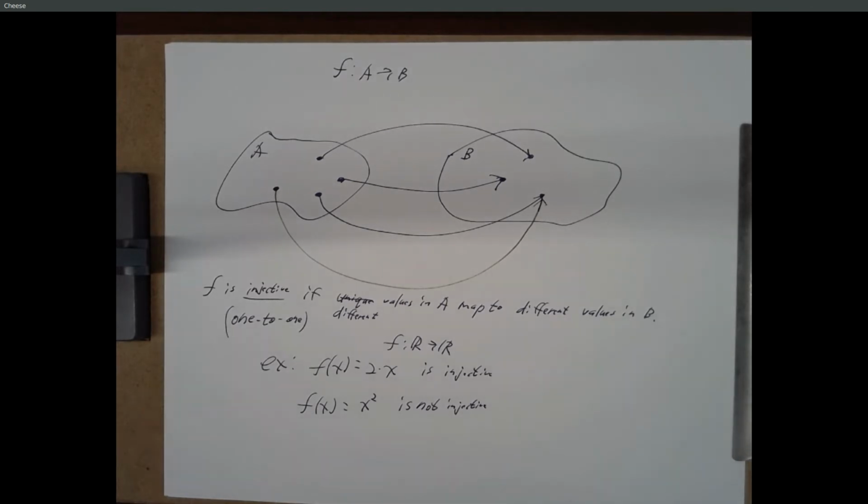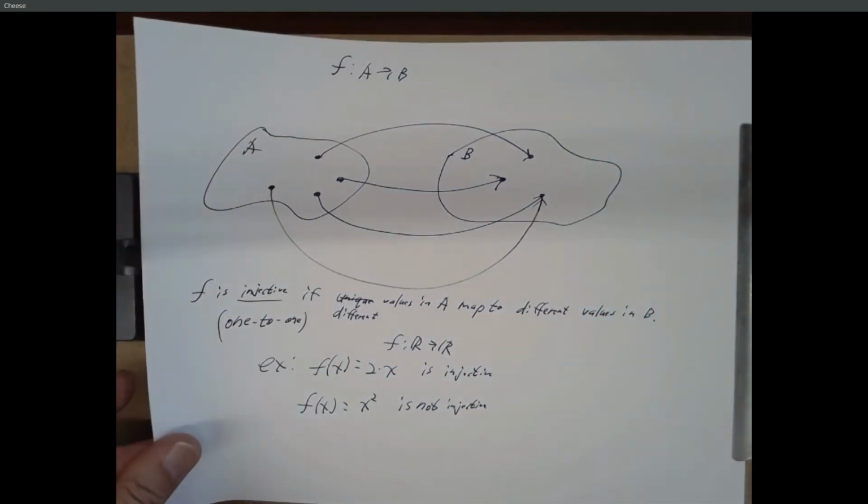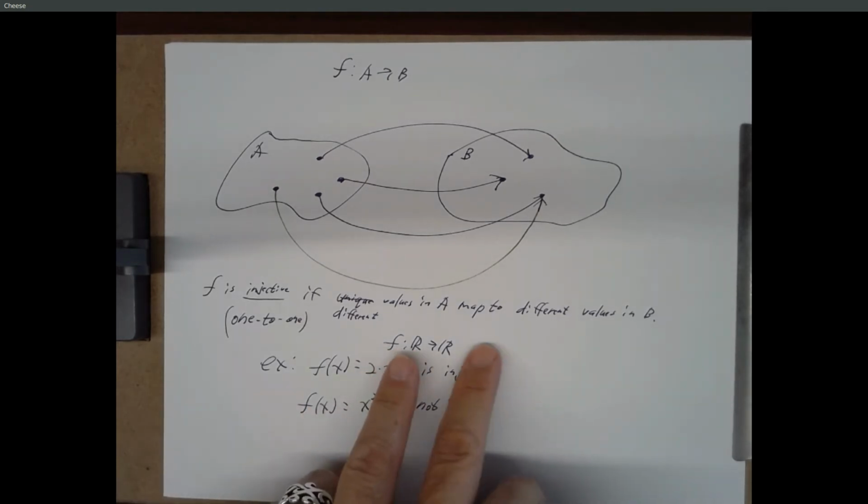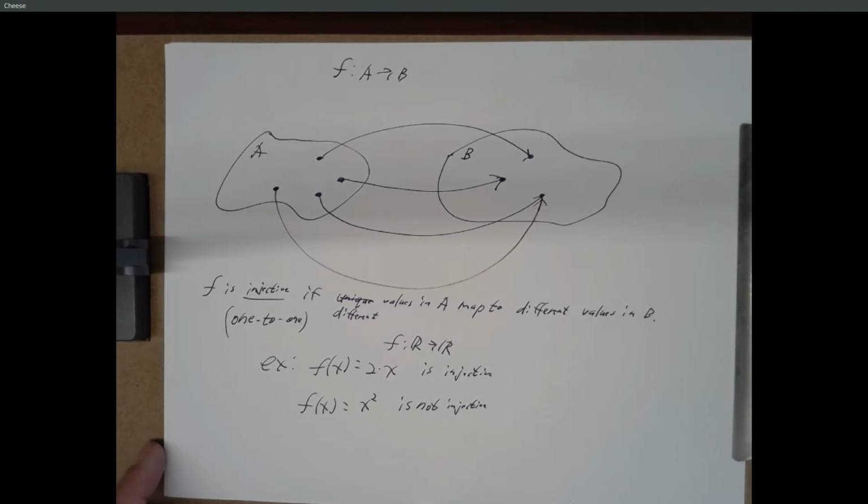So injective basically says, does every arrow go to a different point? So if you restrict, say, f of x equals x squared to just the real numbers from 0 to infinity, would that then be injective? Yes, absolutely, because every number in the domain takes you to a unique number in the codomain. Right, so these definitions critically depend on what the domain and sometimes the codomain are.